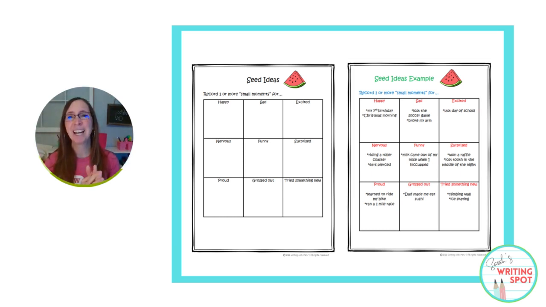So this organizer helps students brainstorm different emotions and memories that they've had in their lives. They can jot down lots of different ideas and then choose one to start with. It's a lot of fun to have each other share out with the class so that others can get ideas from their peers. So this is a really fun idea.